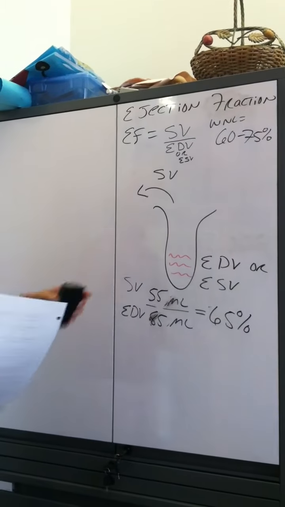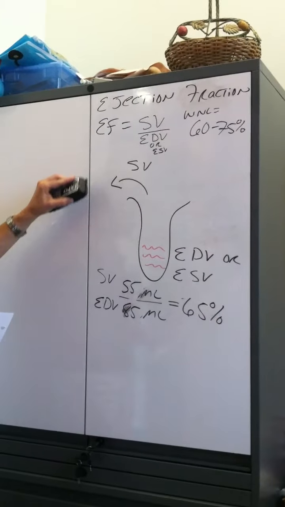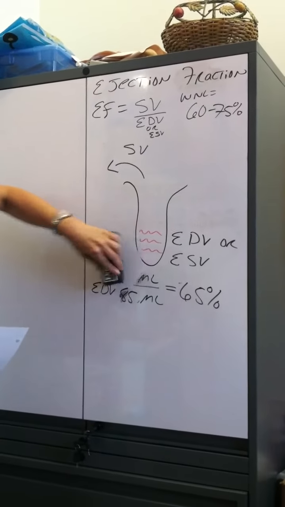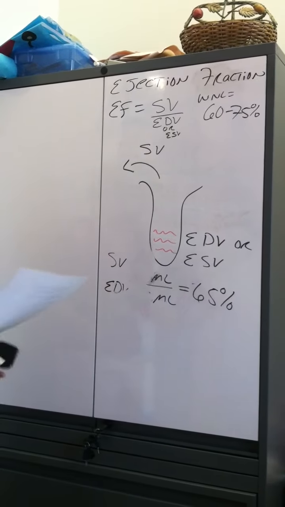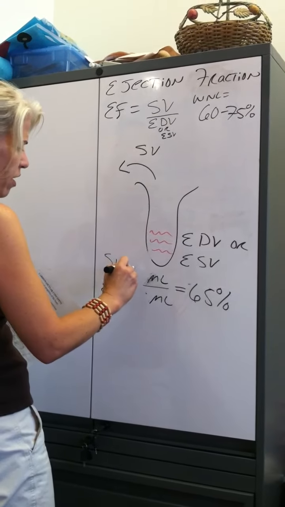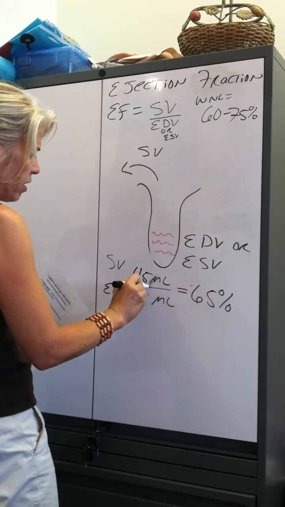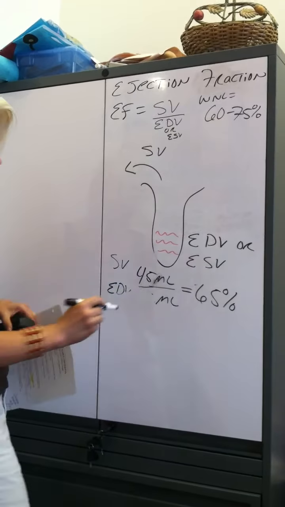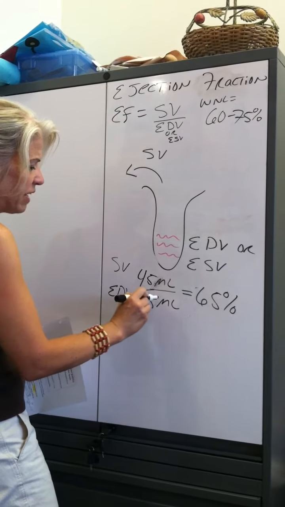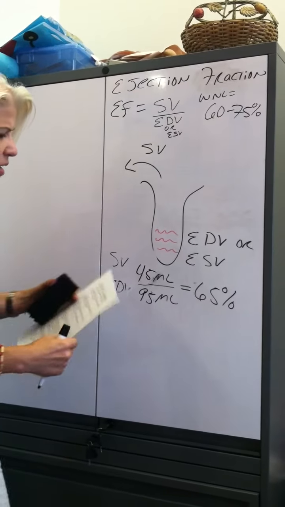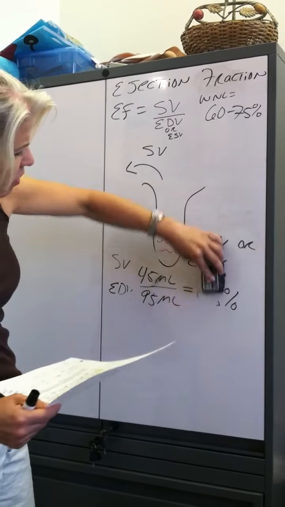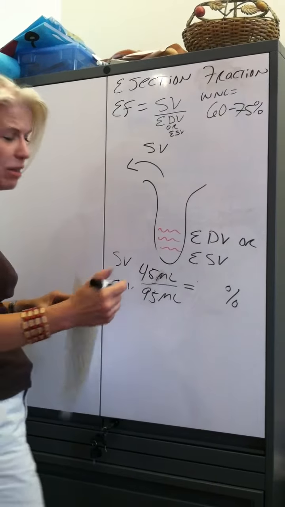So let's say now that even less is going out and even more is staying behind. So now we have 45 that goes out and 95 that stays behind, and now our ejection fraction has gone down to 47%, and now that's not normal.